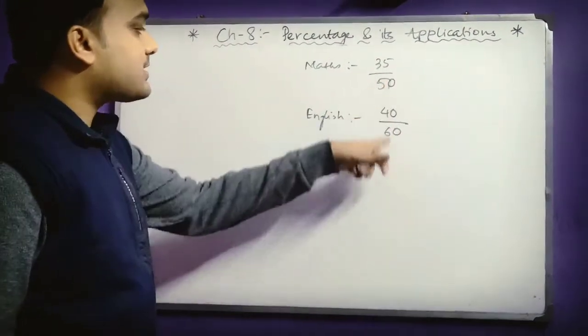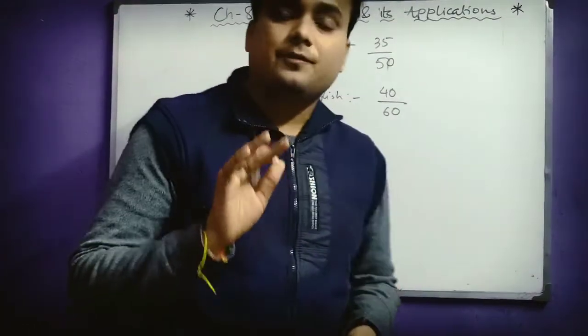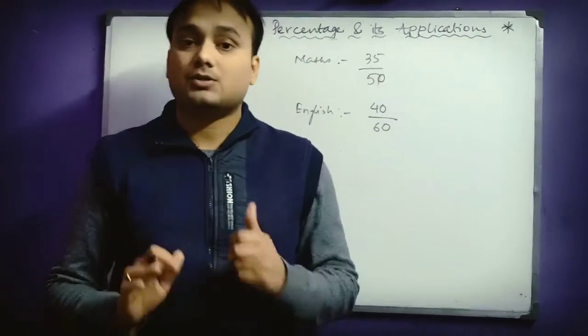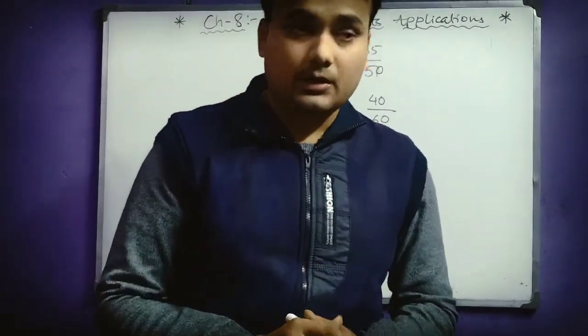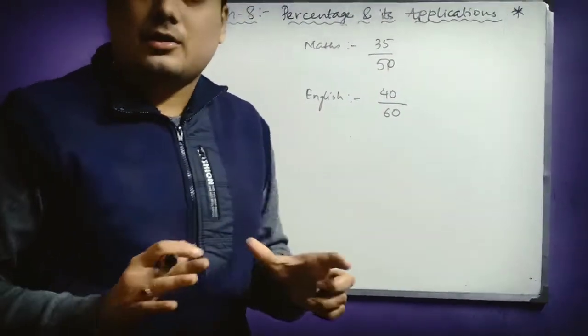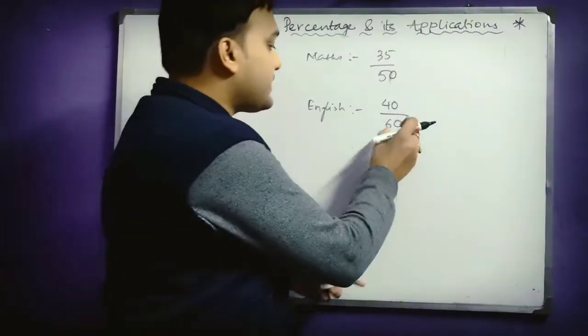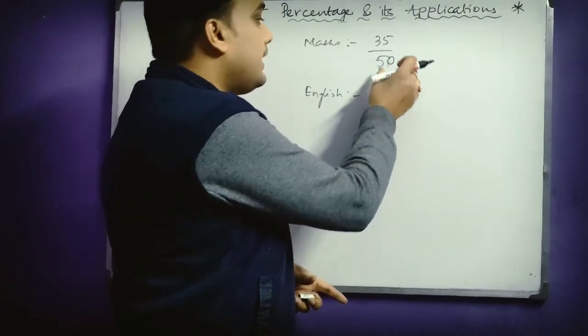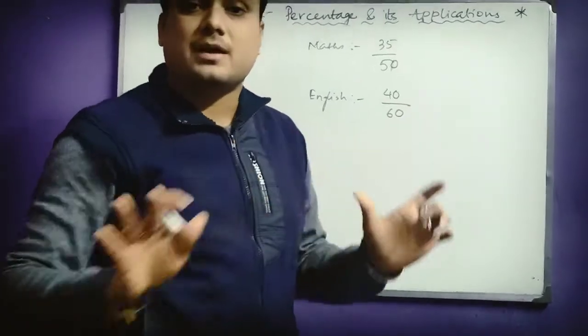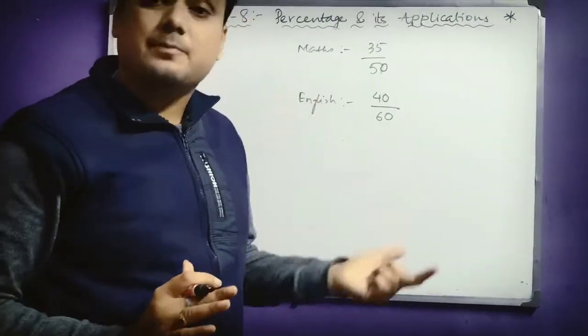So this was the performance of the student in these two subjects. Now students, if I want to know in which subject the student has performed better, mathematics or English, then we cannot know it directly. Why? Because the total marks are different. Here 40 is scored out of 60, and here it is out of 50. So the total marks are not the same, and directly you cannot compare in which subject he has scored better.